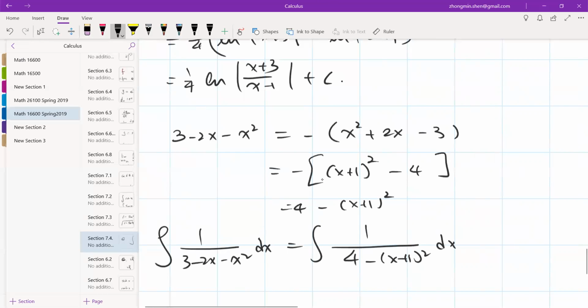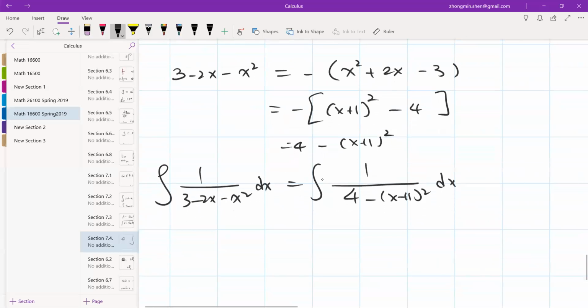So the integral becomes... the question is what substitution you use. The substitution should be x plus 1 equals 2u, because you want to take the 4 out. Right?